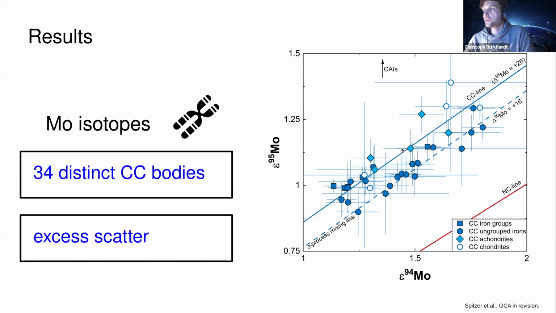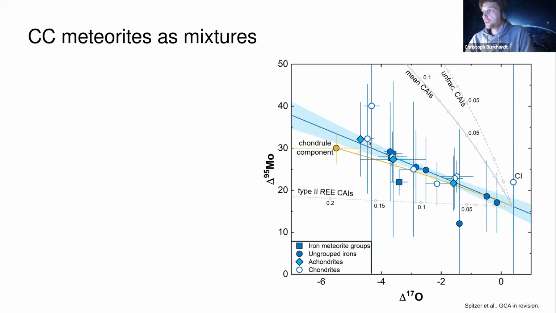And in order to evaluate that better, we try to get rid of this s-process variation, which is along the line, and just look at the deviation from this. And this is done by the capital delta 95 parameter, which will be on the y-axis in the next diagram. And this is plotted now here. It's the r-process residual of these bodies.